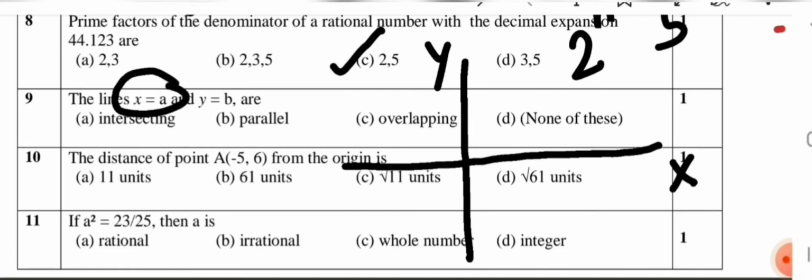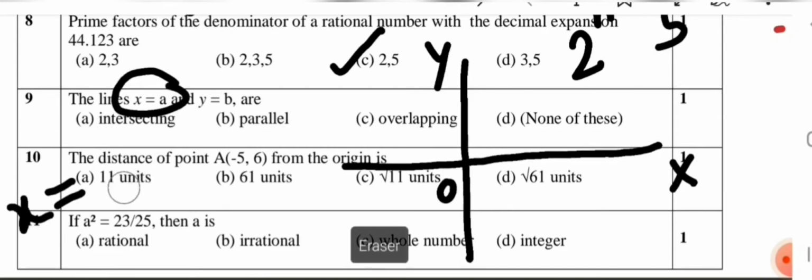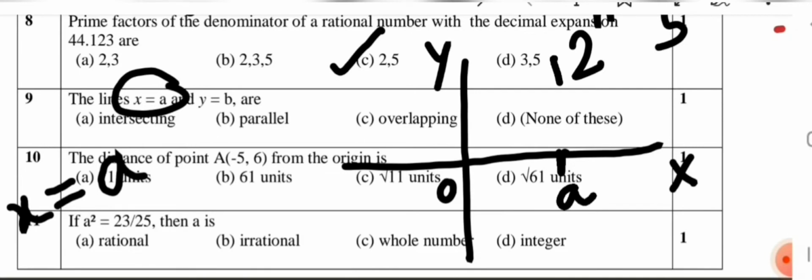We don't know what is value of x, but we have to take x equals to a. It can be, instead of a, x equals to 3 also. If a's value is 3, we don't know what it is, but for some time we can assume this is point A. So if I have to draw a graph for x equals to a, it's going to be a straight line like this, passing from A.